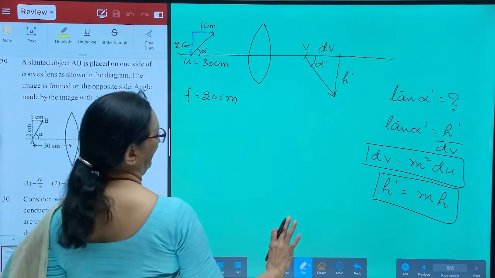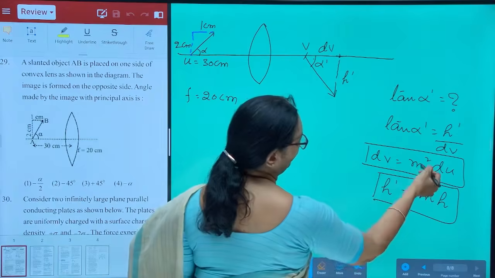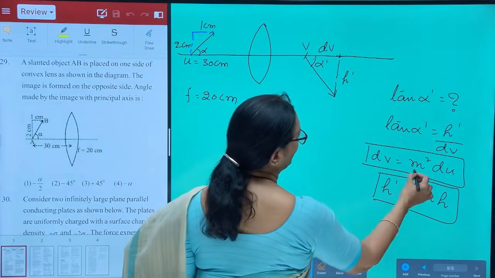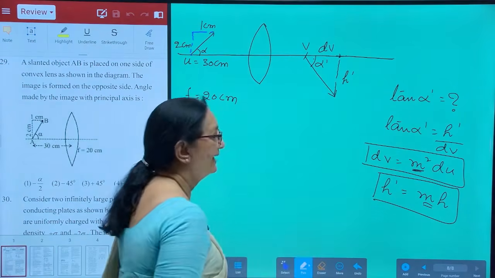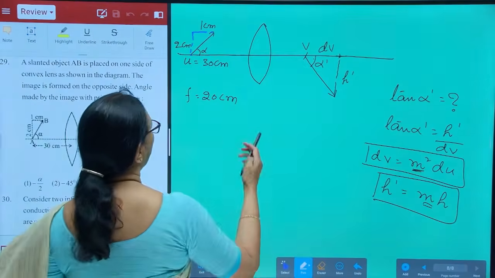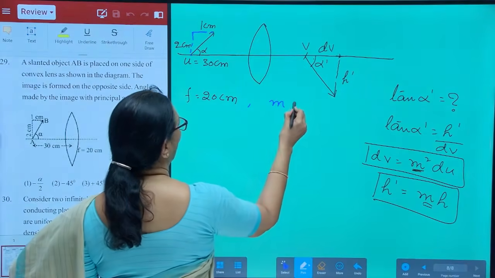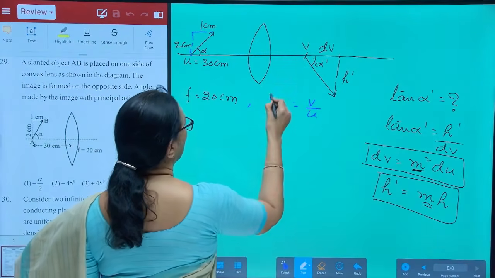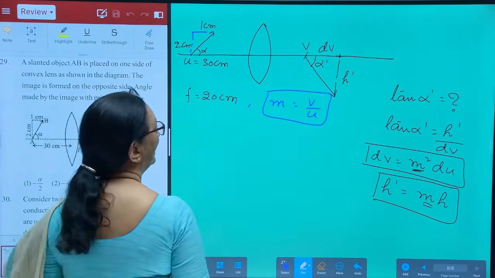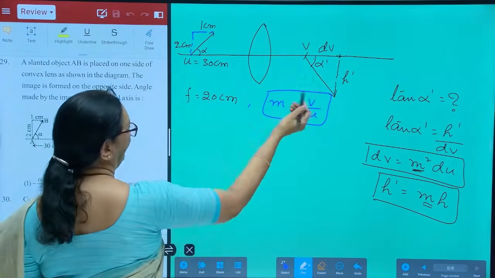So first of all, to get these values, the most important thing is m, and magnification m is equal to v by u. So we need to find v here.